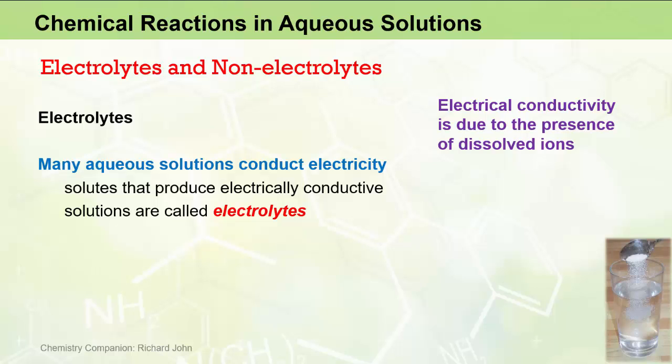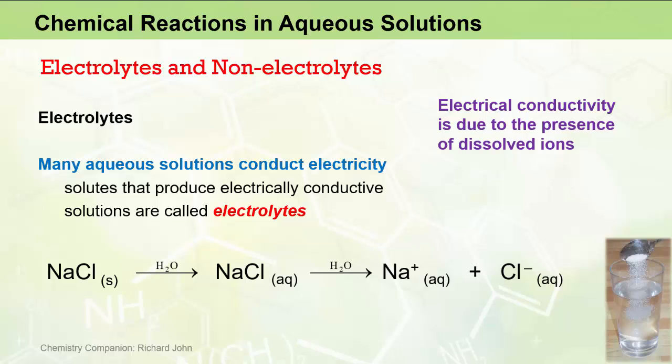We can represent this process via this chemical equation here, showing solid sodium chloride being dissolved in water to produce an aqueous solution, as designated by the aq subscript. This equation, however, is probably better represented like this, where we see that the dissolved sodium chloride salt is represented as separate ions, the positively charged Na+ ion, the sodium cations, and the negatively charged Cl- ion, the chloride anions.